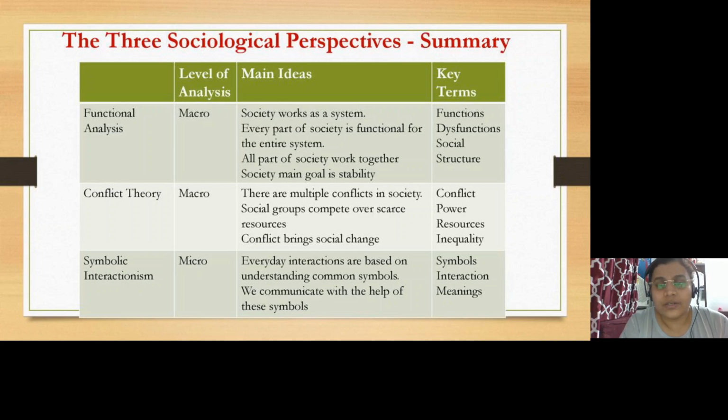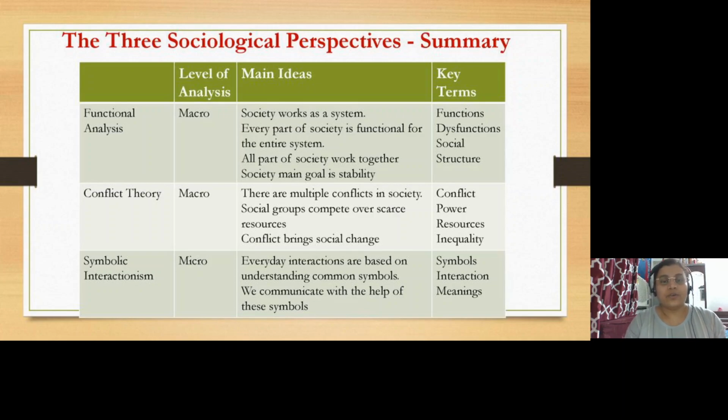All the parts of the society, which can be family, marriage, kinship, education, police, law, school, all the small parts, work in an interrelated manner, and they create a structure as a whole. Those who focus on small parts of the society come under micro.